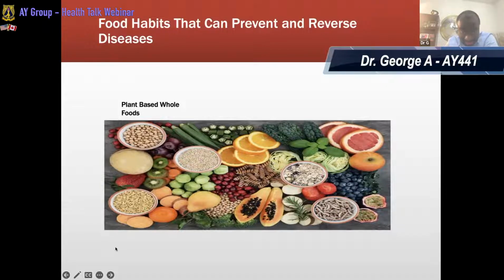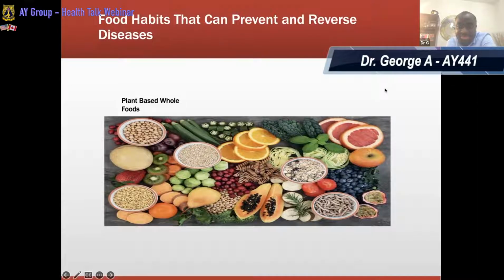You eat oats, some strawberries and other fruits, and you are even guaranteed of having a good day. Then at lunch, get some vegetables and stuff.